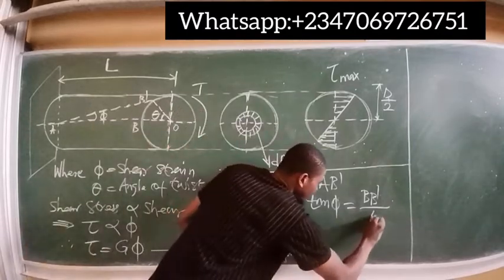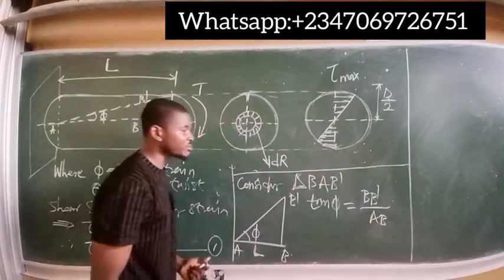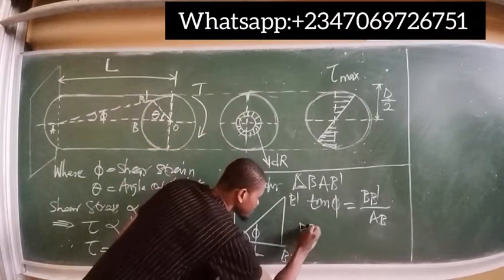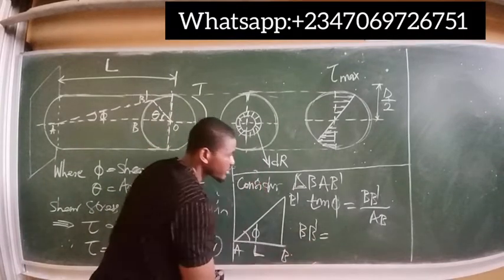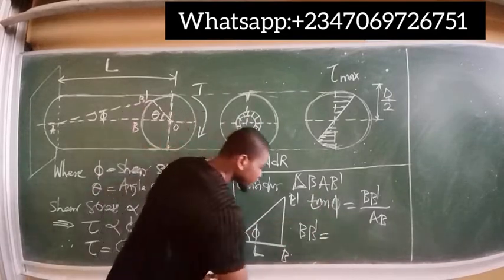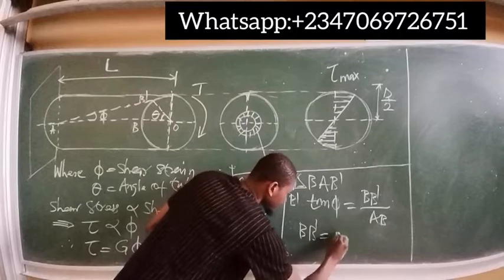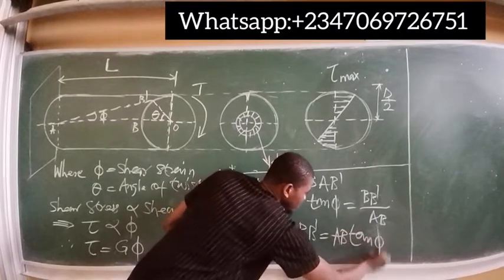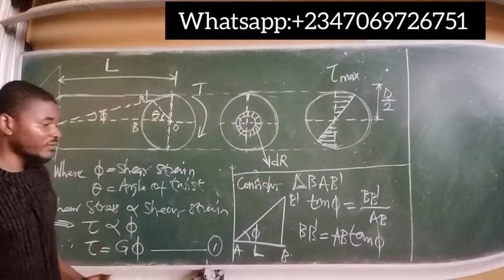So let's make BB prime the subject. Cross multiplying, BB prime is equal to AB tan psi.